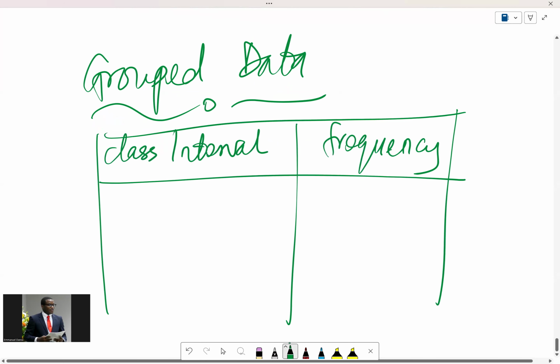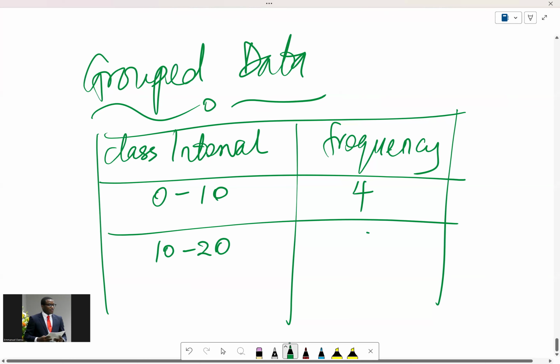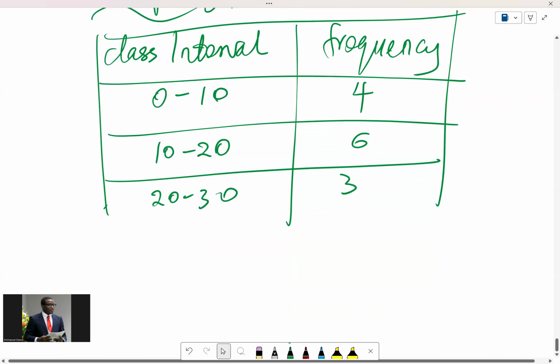And here you have 0 to 10 occurring 4 times. You have 10 to 20 occurring 6 times. And lastly, you have 20 to 30 occurring 3 times.